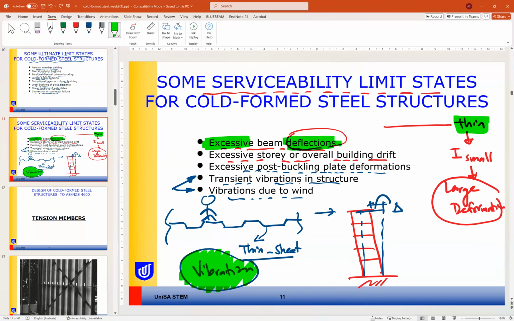So that is why vibration should be considered for cold formed steel.